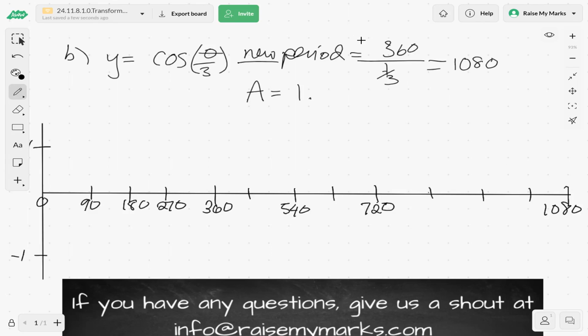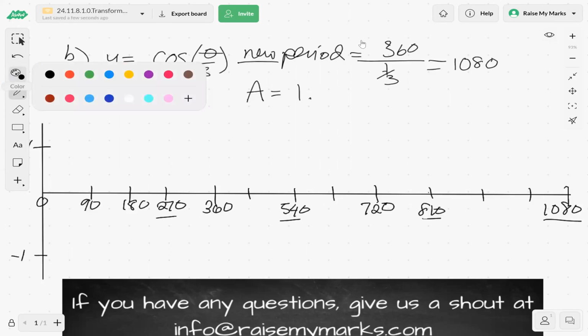A couple of calculations here, plus 270 and 810. So these are our interesting points. Okay. All right. So now let's do some graphing.